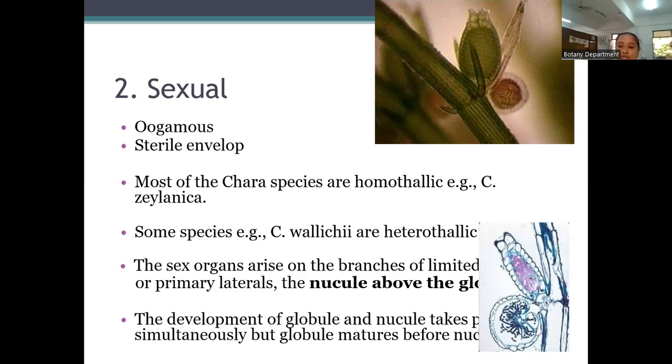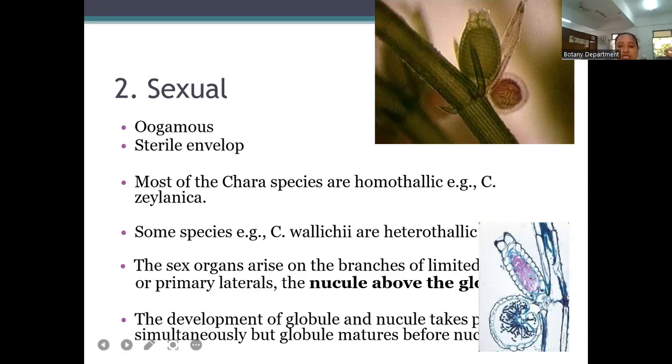The globule is spherical in shape and reddish in color, while the nucule is oval in shape and enveloped by a green sheath with spiral threads. Both sex organs are borne on the nodes of leaves. Most Chara species are monoecious, that is homothallic. Only a few are dioecious, that is heterothallic.